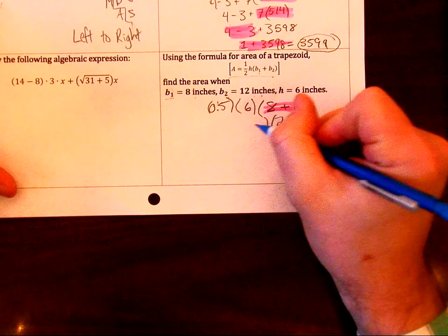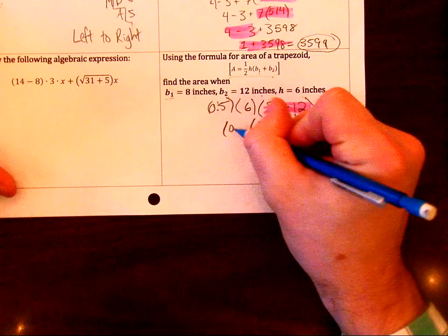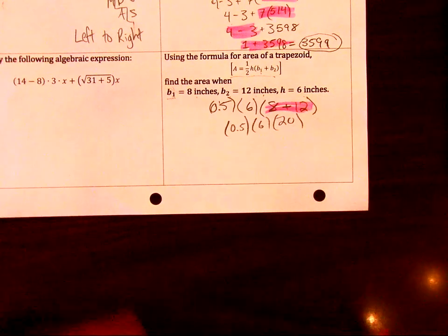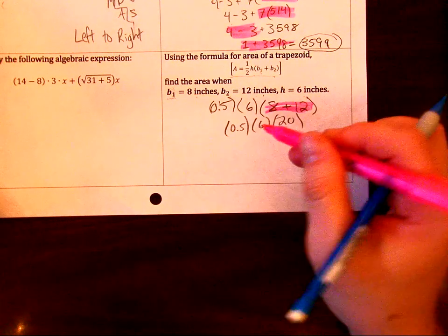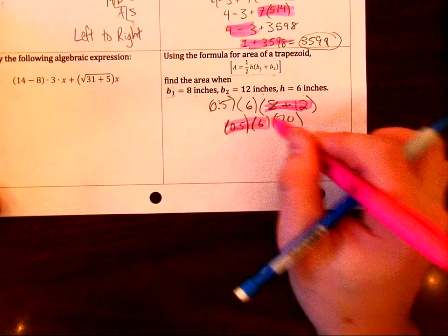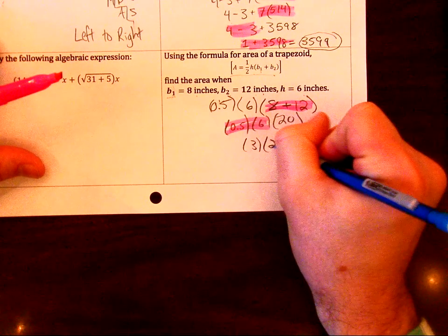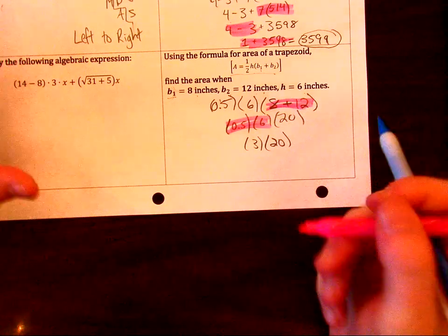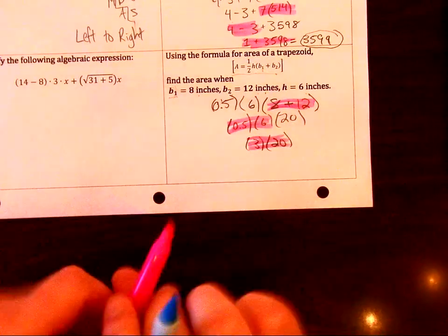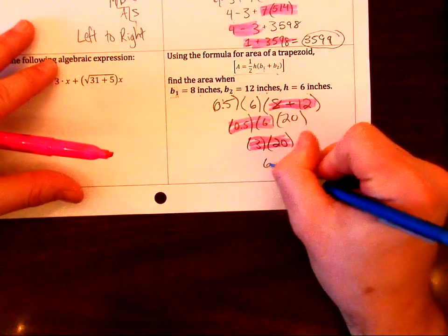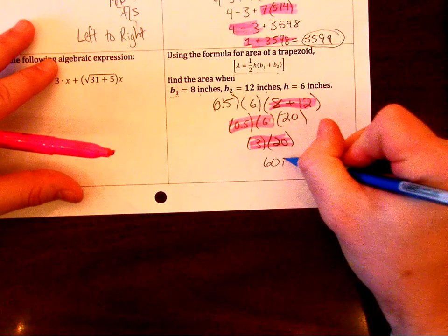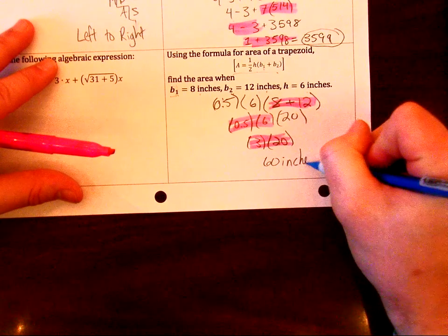Bring down the rest of the problem. Working left to right with that multiplication, I can do 0.5 times 6, which is 3. Bring down the rest of the problem. And then we have 3 times 20, which is 60. Be sure to label it, so we have 60 inches squared.